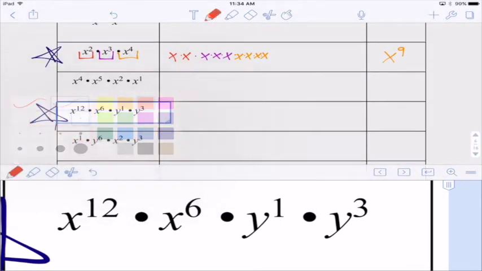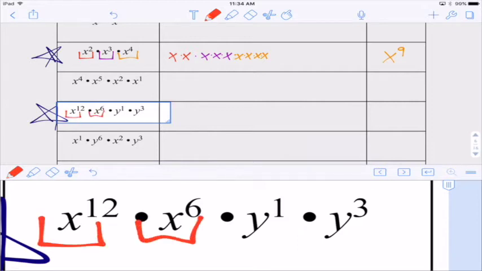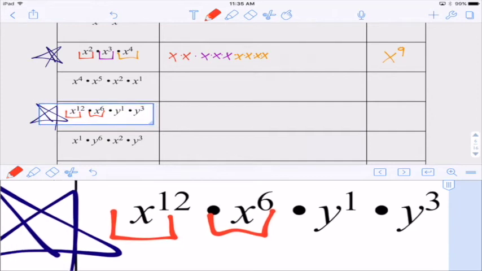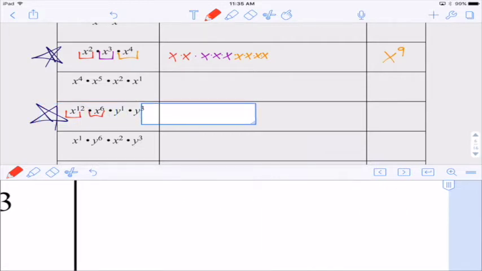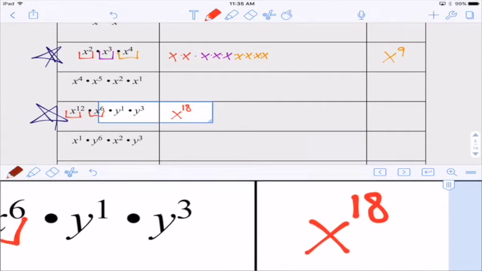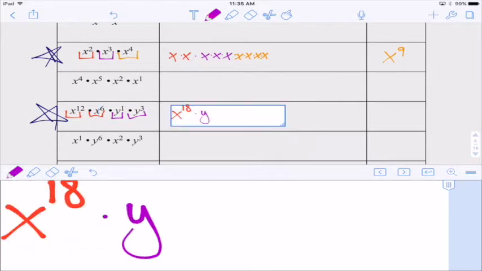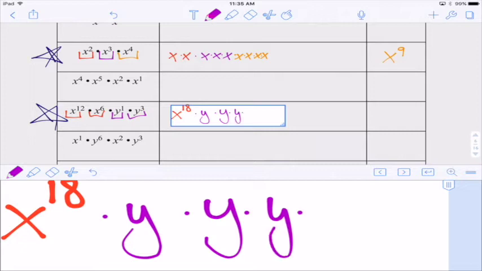So now I'm going to just do the x's, multiply them together. Well, x to the 12th. I don't really want to work that out. Those numbers are getting really high. I don't want to just go crazy. So I'm going to do x, and I see the pattern already. So I know that the x is going to be to the 18th. I want you to try and figure out y. That's up to you. And then our y's, well, y to the 1st and y cubed, y to the 1st, and y, and y.